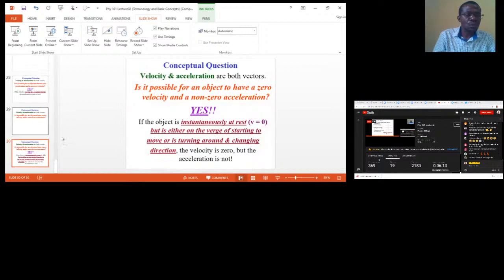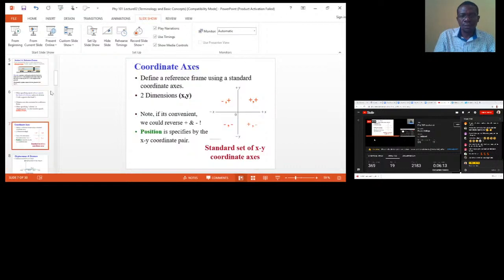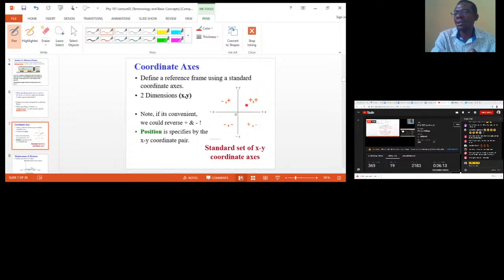Okay, so if I want to describe this point here, then basically what I need to do is to specify how many units I have to move along the x-axis.